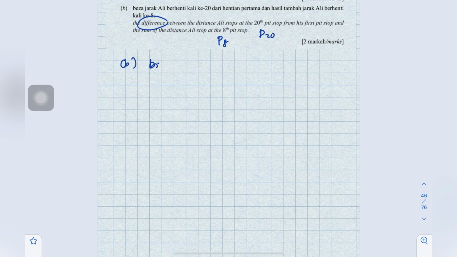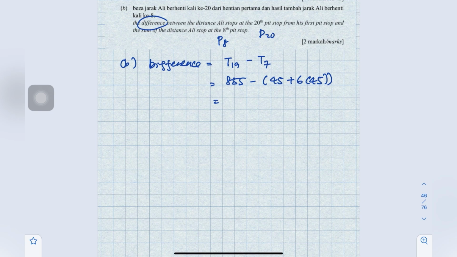The difference is, if P20 is T19 and P8 is T7, then T19 we already have, 855. T7 we need to find: 45 plus 6 times 45. Okay, so 855 minus 315, which equals 540.